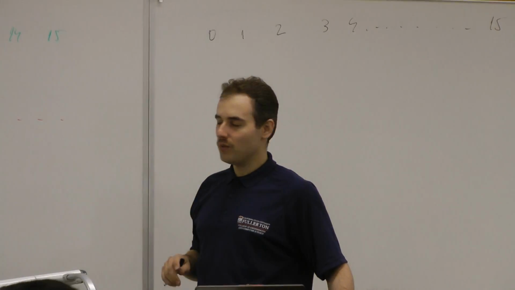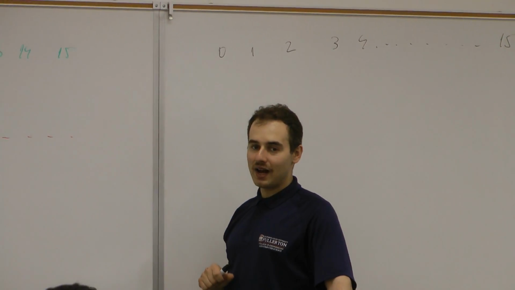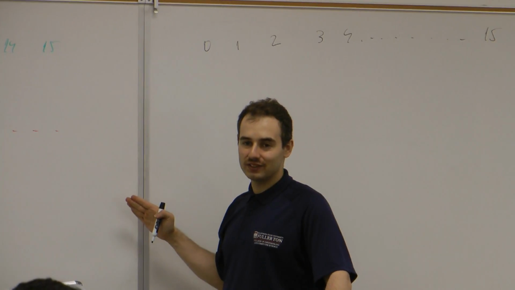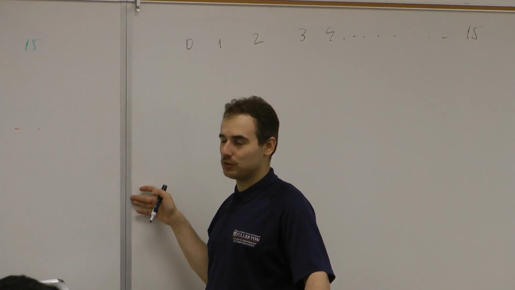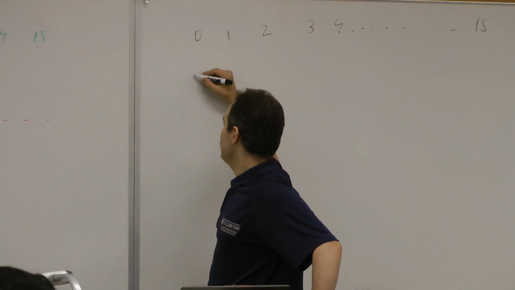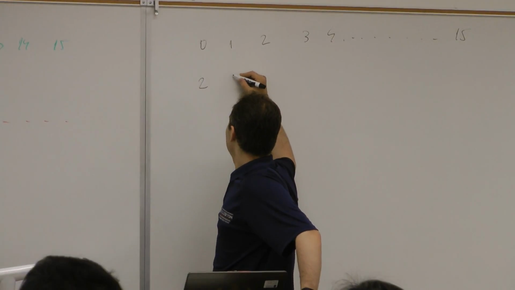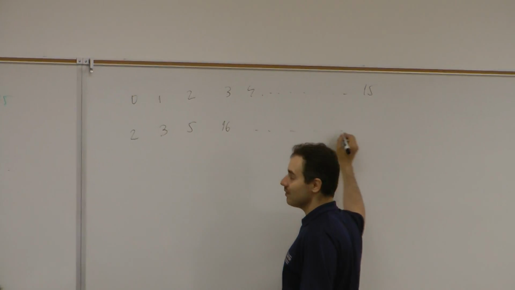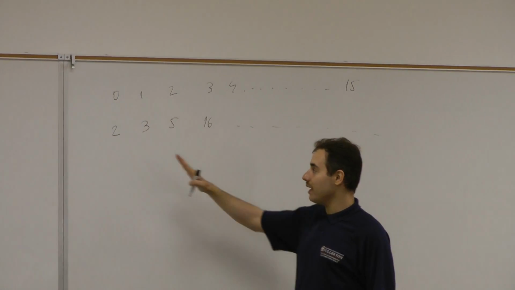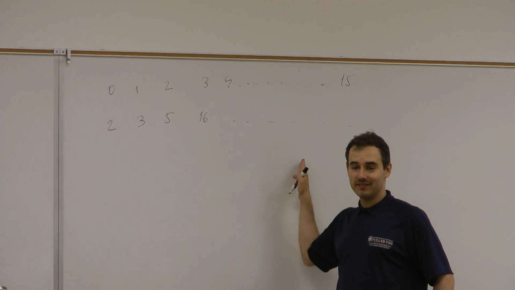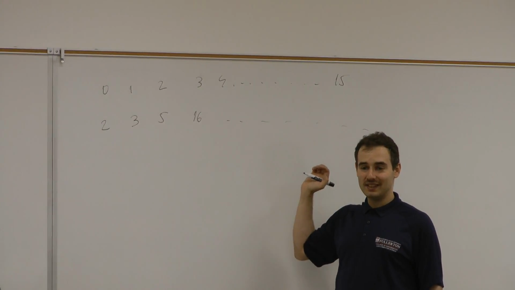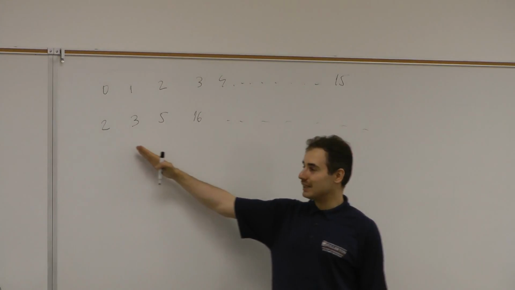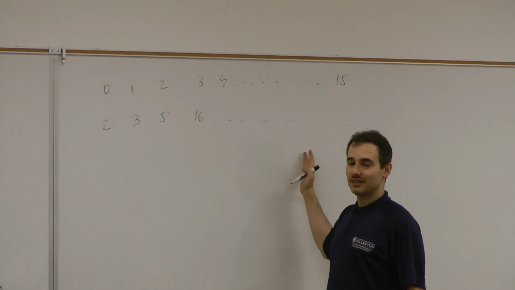So let's say I will give you a sequence of blocks which will tell you what maps to what. For example, I give you a sequence 2, 3, 5, 16, and I'm just making those up. I will have to give you this sequence. Makes sense, right? Now, how many blocks will there be in this sequence? That should be easy.